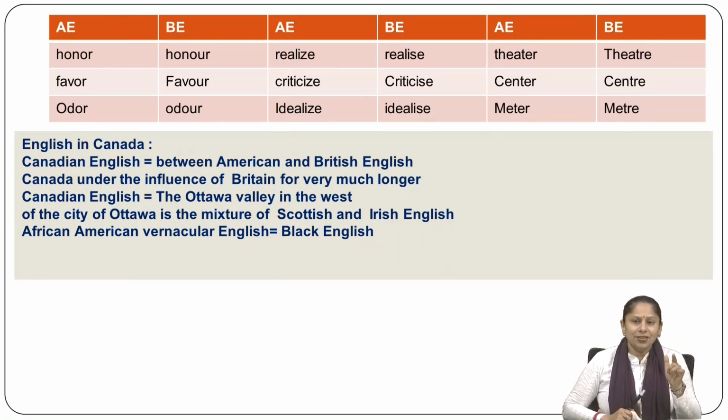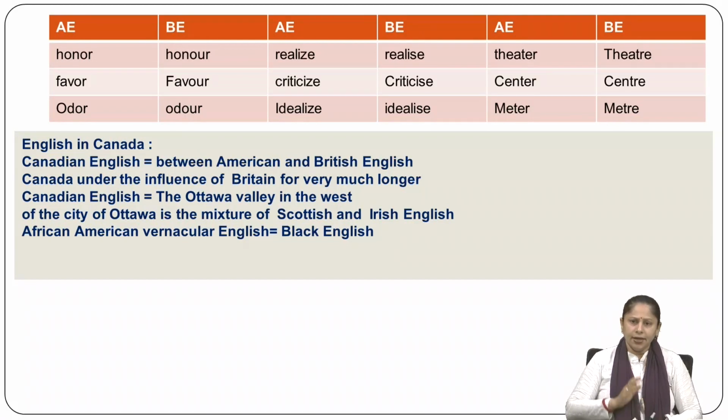These are the different kinds of pronunciation differences as well as spelling differences that you need to listen to very quietly and focus on very well. Then you can certainly find a minor change that occurs while pronouncing American English or British English.